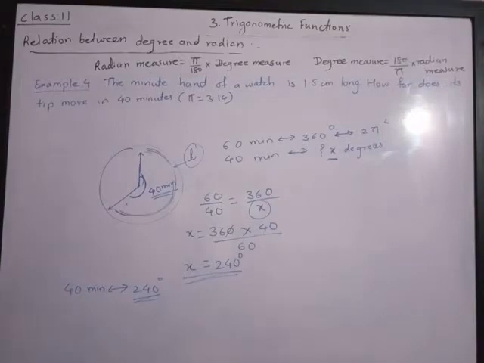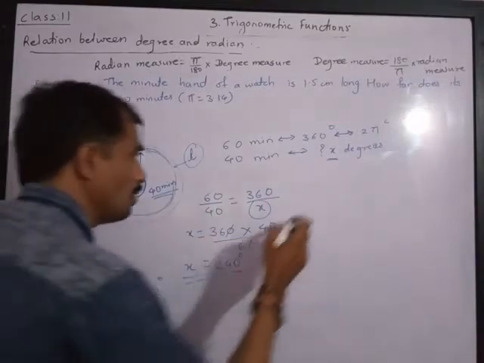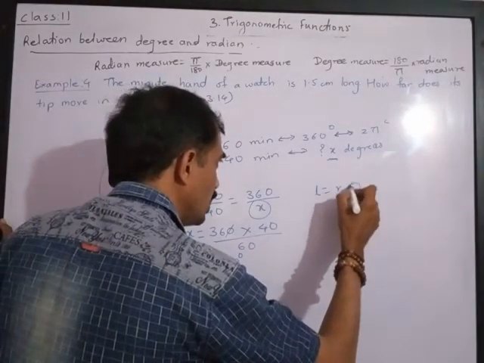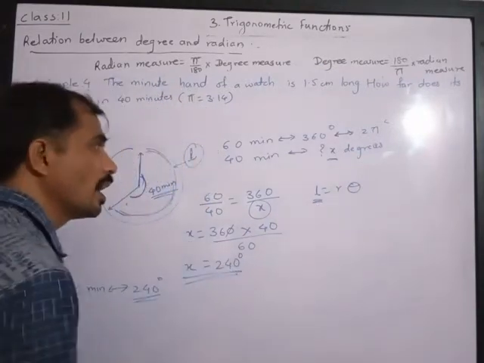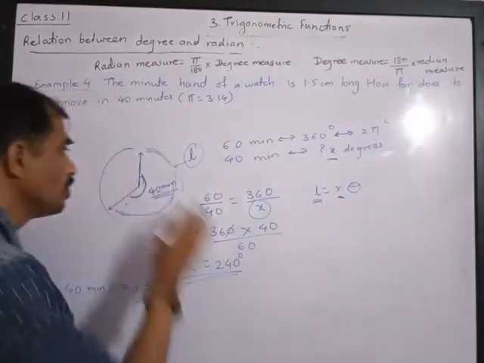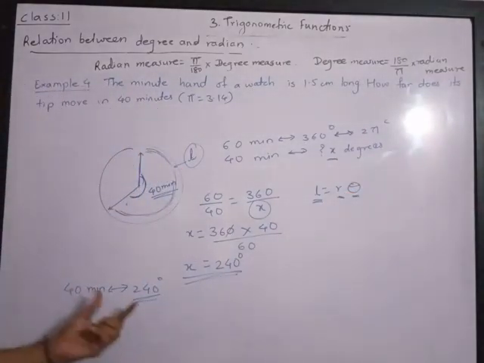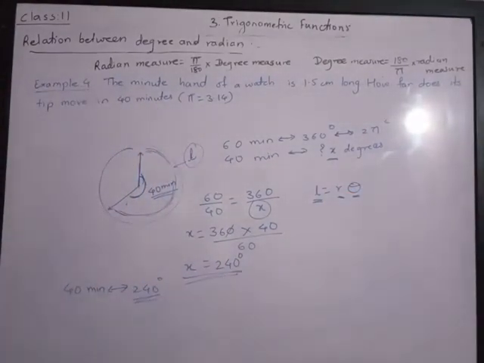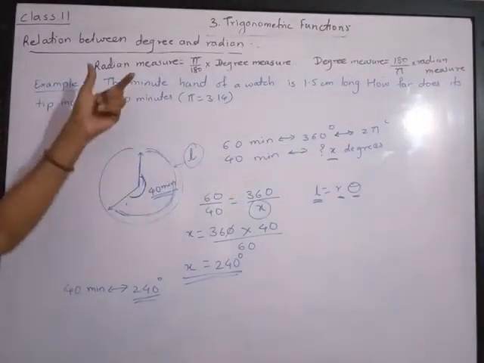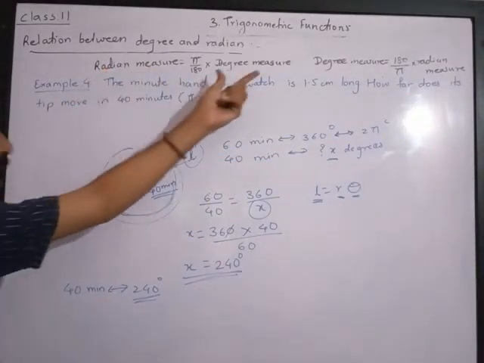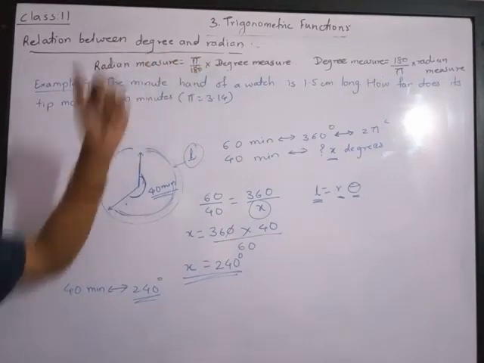So we know that length of the arc, we have the formula L is equal to r theta, where L is the length of the arc, r is the radius of the circle, theta is the central angle in radians. Now we have got central angle in degrees. We know that if we want to find the radian measure, then multiply degree measure by pi upon 180.